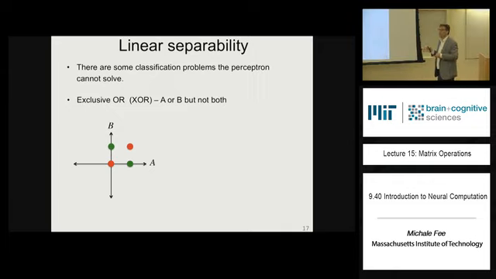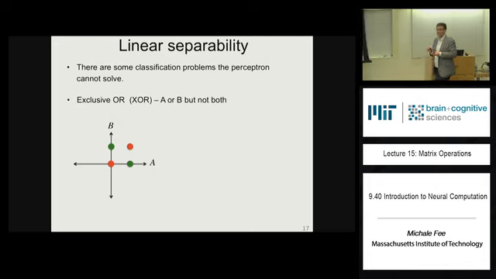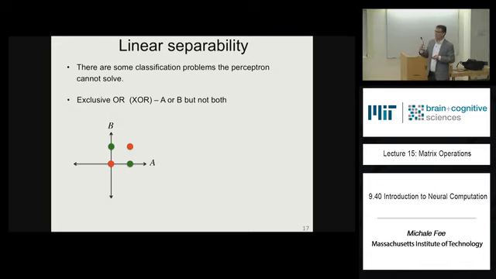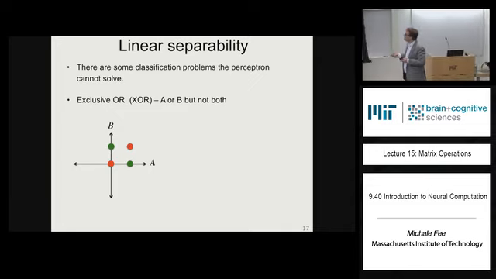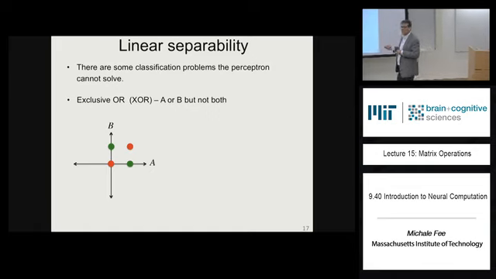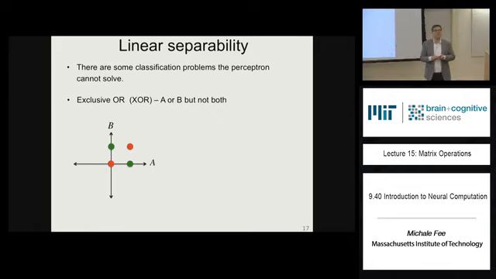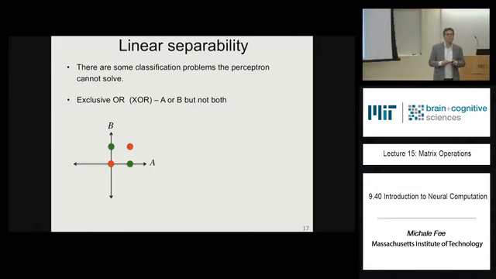Okay, now why is it that that can't be solved by the kind of perceptron that we've been describing? Anybody have some intuition about that? I mean, it's obviously not graphically separable.